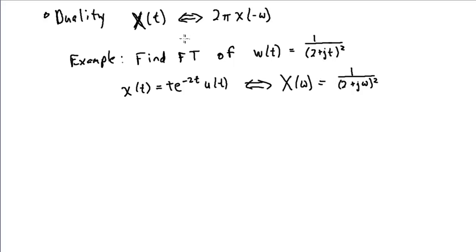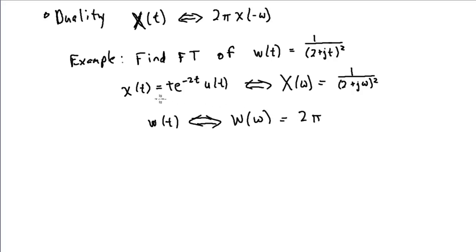So we can apply this duality property to say that if I substitute t in for omega here, I have this. So the Fourier transform of w of t, W of omega, is going to be equal to 2 pi.